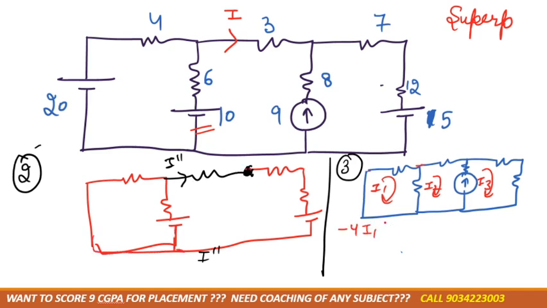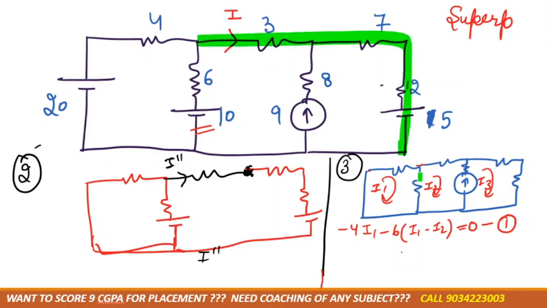It would be for the first mesh equation minus 4I1 minus I1 minus I2 equal to your first equation. Now tell me the second equation. Yeah, so for the next equation we take the super mesh, right?